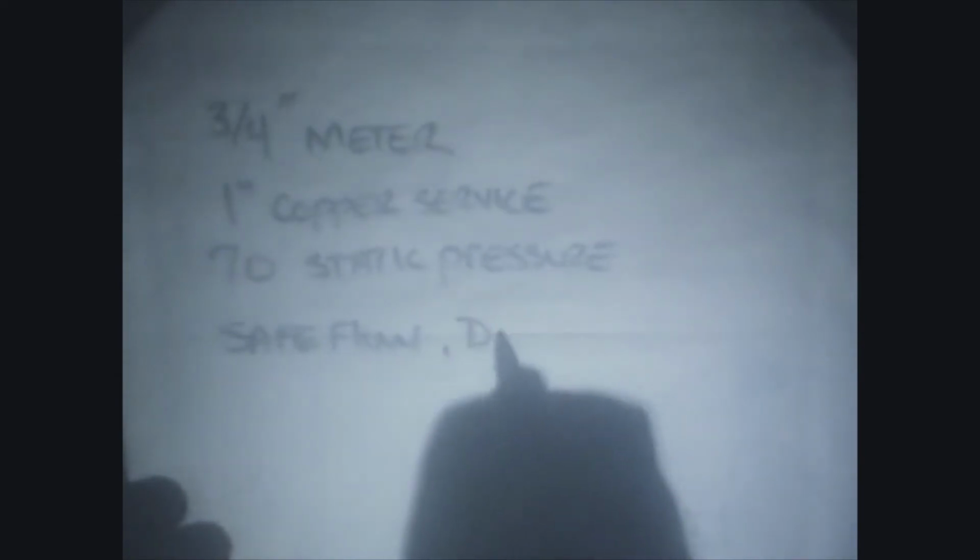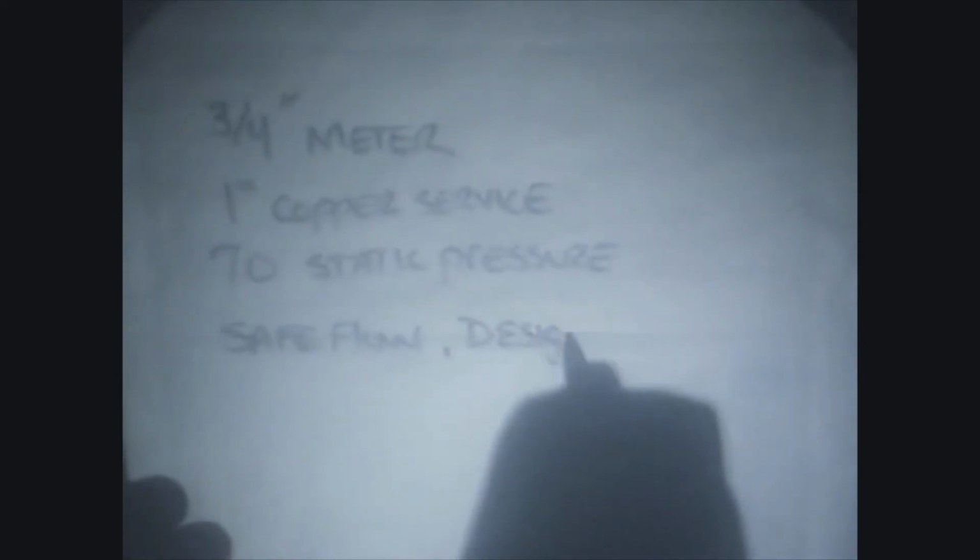The safe flow is sometimes also referred to as the design GPM, which stands for gallons per minute. We're going to be reviewing a few formulas that we'll just call the safe flow or design gallon per minute formulas.